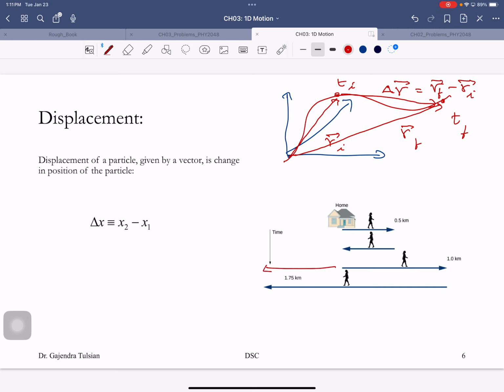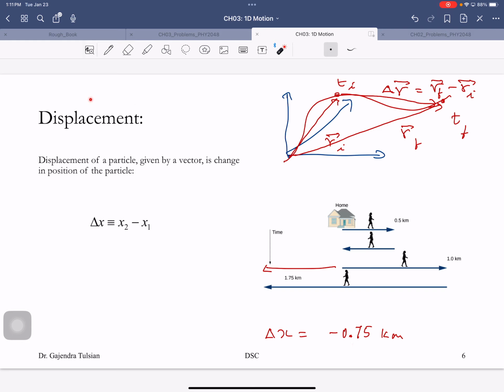And what is your displacement for that journey? So that was 1 kilometer and 1 point... so the displacement there, delta x, is minus 0.75 kilometers. Again, as we said, the negative sign tells you the direction, and the magnitude tells you the magnitude of the vector.